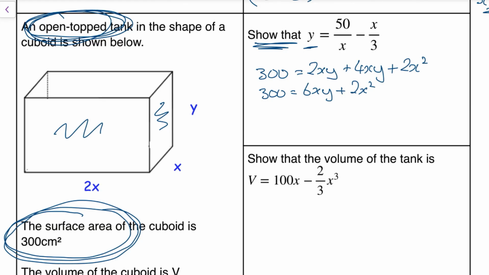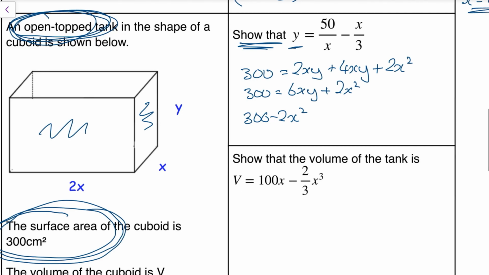So I'm going to move the 2x squared to the other side. I'm just trying to fit it all in. So 2x squared to the other side is 6xy, and then I'm going to divide both sides by 6x. I can already see where this is going.